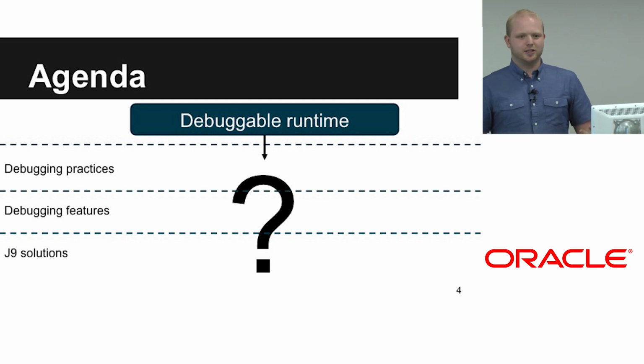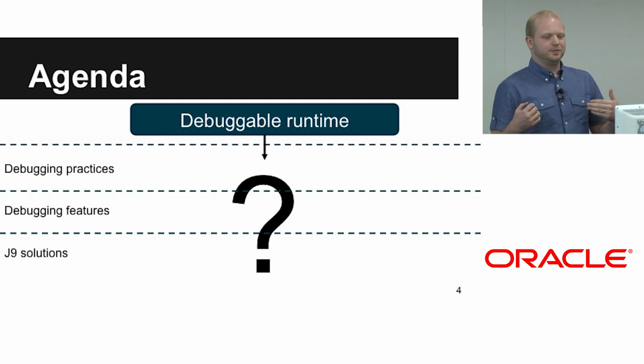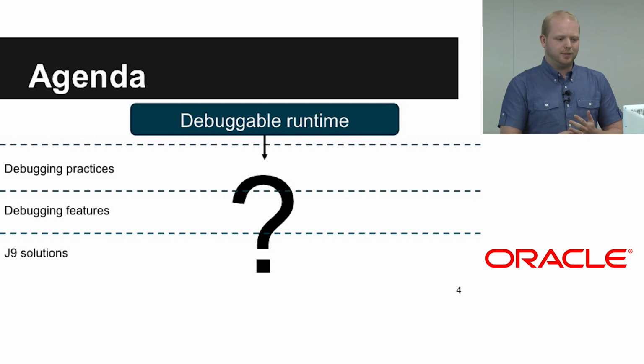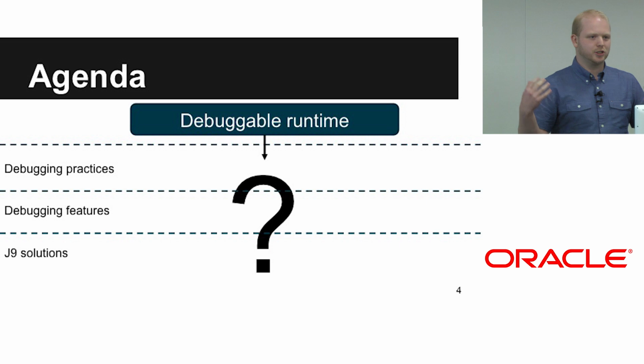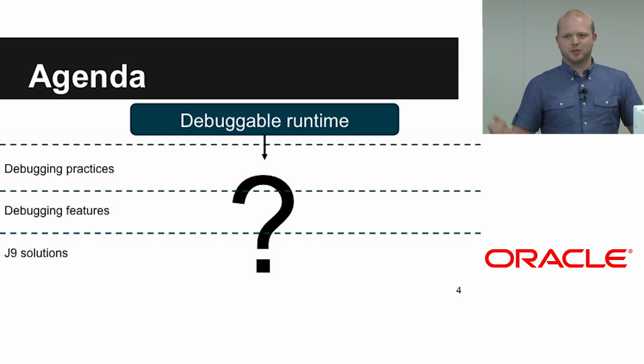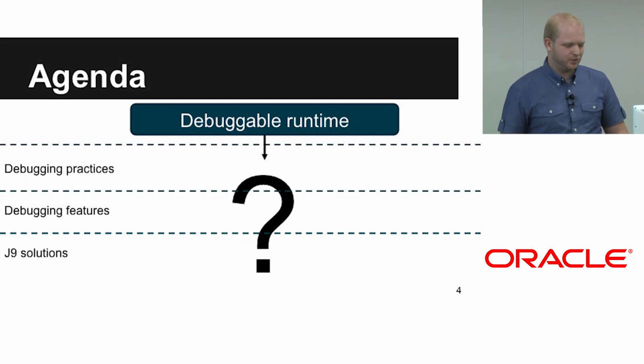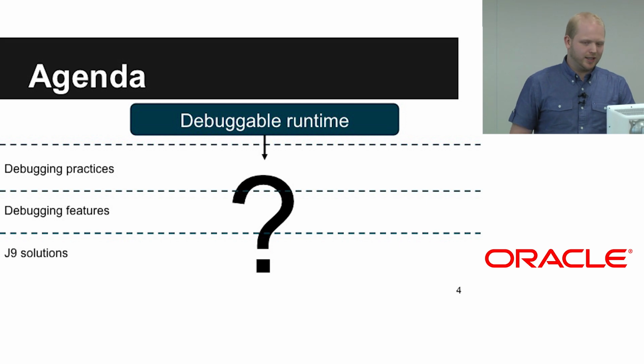Or it's actually a deployed production system, so you don't want to tell your customer, okay, could you stop everything you're doing, and here's the new VM and our JVM. I just want you to run that and watch the world break again so that I can fix it for you. So obviously, it's valuable to have a well instrumented, debuggable runtime.